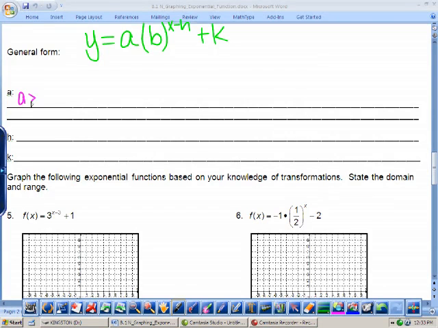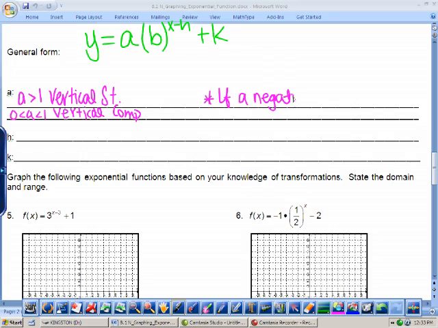When A is greater than 1, we have a vertical stretch. When A is between 0 and 1, we have a vertical compression. What happens if A is negative? Reflection how? Good. A is negative, you reflect across the x-axis.